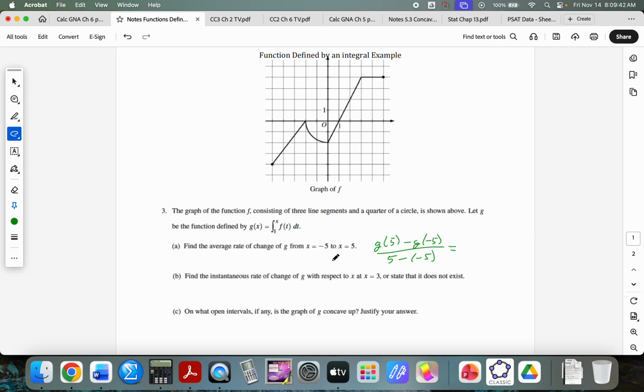All right, so g of 5 is going to be the integral from 1 to 5. So from here to 2, 3, 4, 5, to here. So let's see, 4, 6, 8, and this is going to be 4, so that's going to be 12.